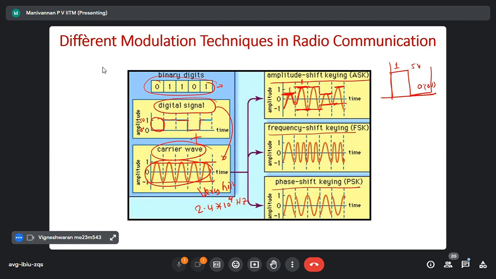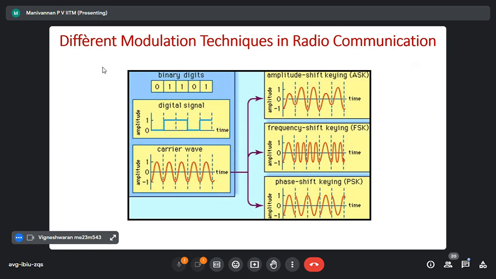Whenever you wanted to transmit a 0 bit, the amplitude of the carrier reduces to half. Correct? This may be, for example, 10 volts. This will become 5 volts. If this is 100 volts, this will become 50 volts. Correct? So the carrier amplitude, for transmitting 0, reduces to half.